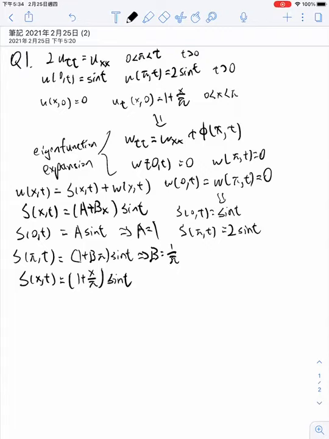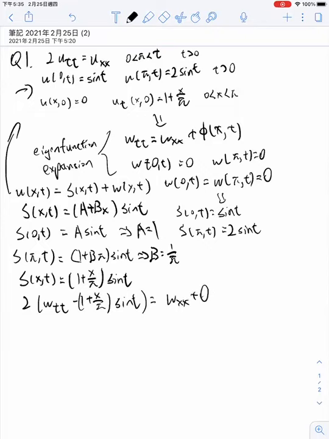Then we substitute this S function back into the whole problem here. So you get this. The 0 is the second derivative of the S function, but because it only has first order in x, it becomes 0.